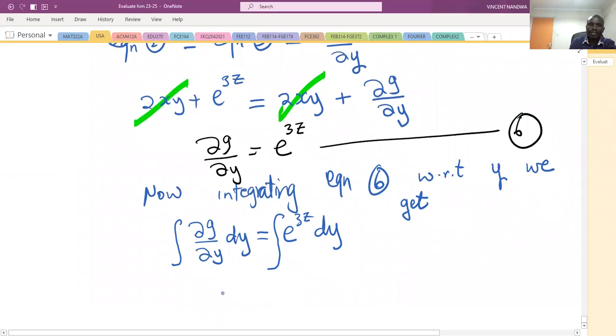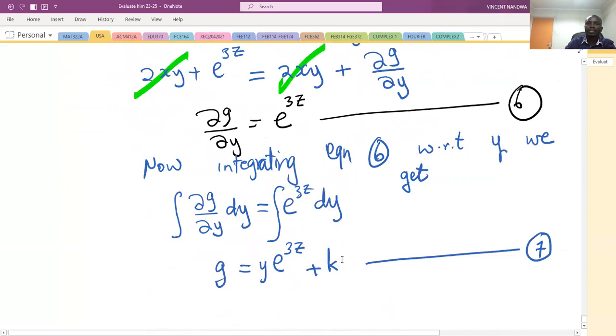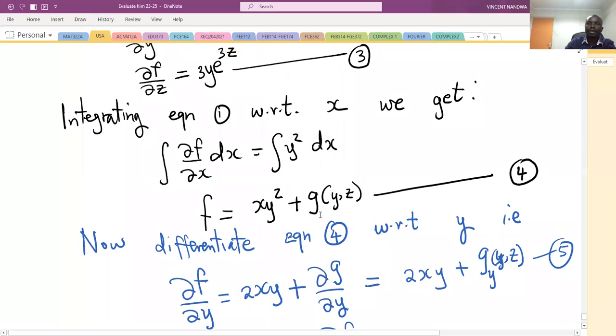So the left hand side gives us g, and the right side will just be y e raised power 3z, plus say k or C, which is a constant of integration. Call this equation 7. And you see equation 7 gives us our g, and really that is what we needed to have our function f.